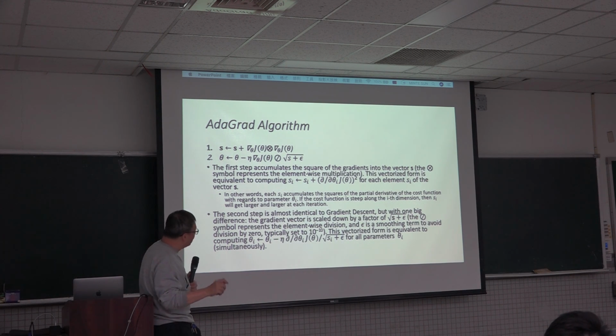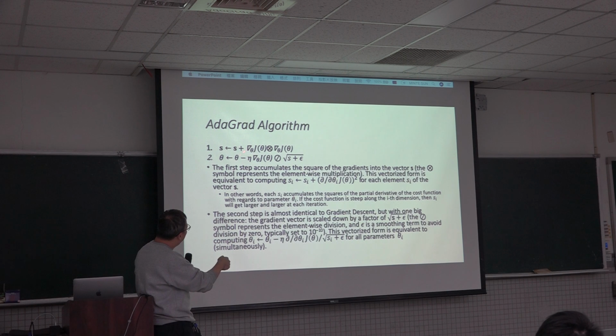The gradient is also a vector, remember that. So S, starting from the previous S, plus gradient times gradient. As I said, gradient is a vector. What does that mean? This is a vector, this is a vector.